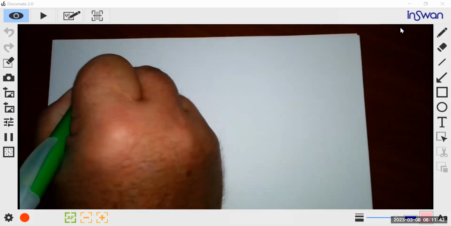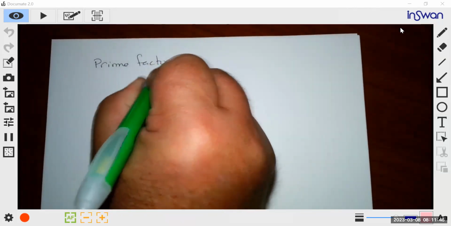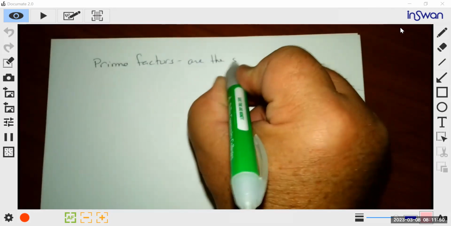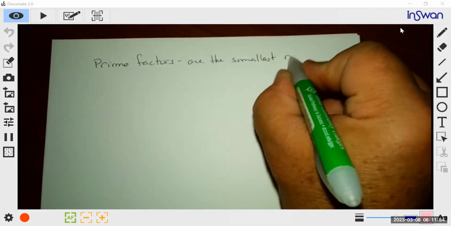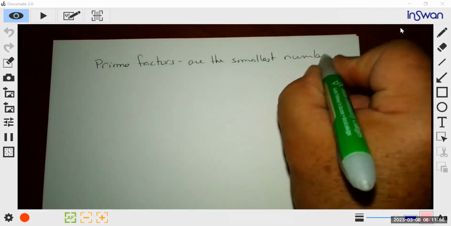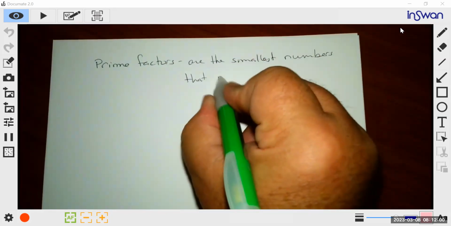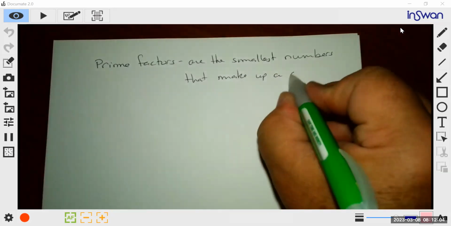So prime factors are the smallest numbers that make up a composite number.